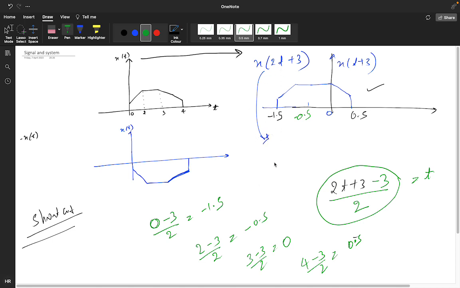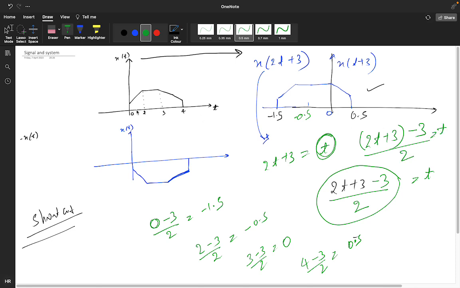Your expression is 2t plus 3, and you need to make it t. How will you do that? On 2t plus 3, you do minus 3 and divide by 2, and it becomes t.